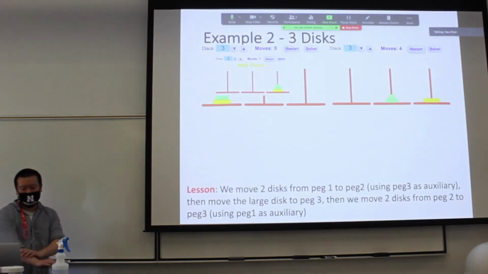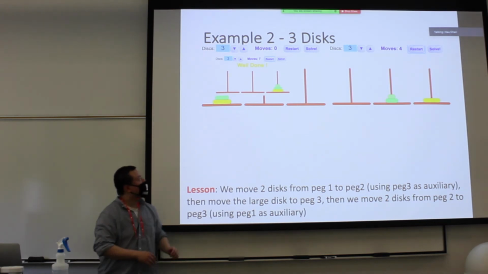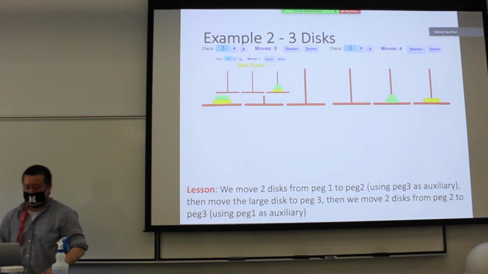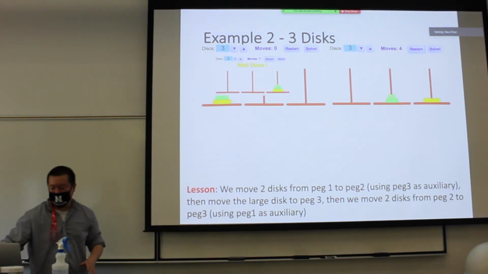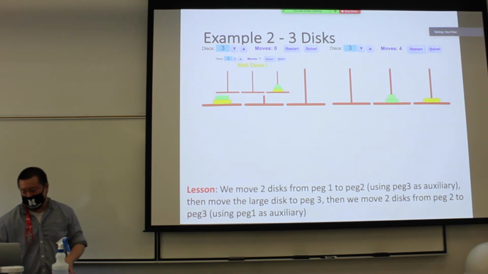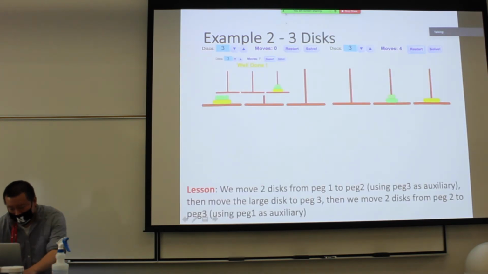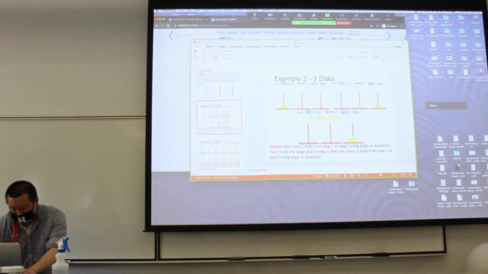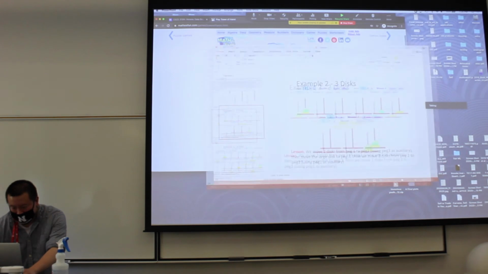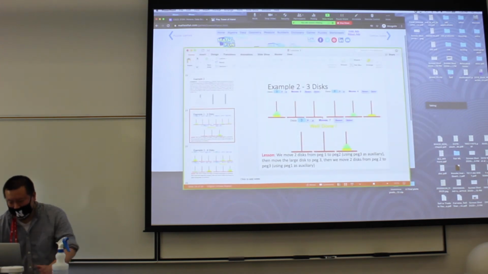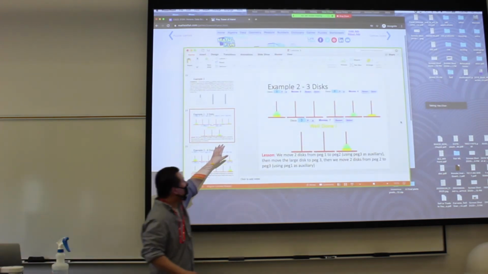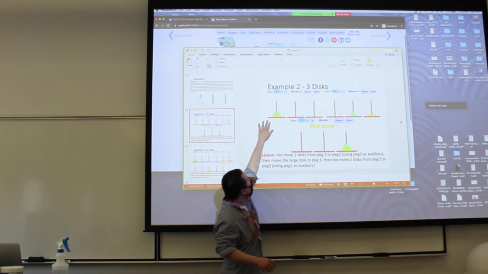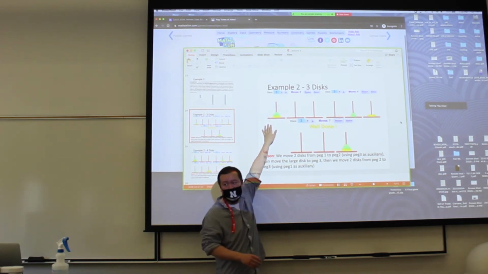Okay, so go back to the cases that we looked at. So what is the idea here? The idea is that we move, so we start from this initial position, right?